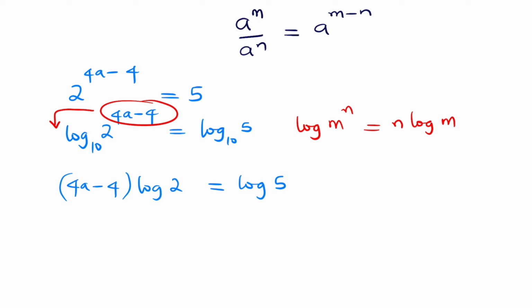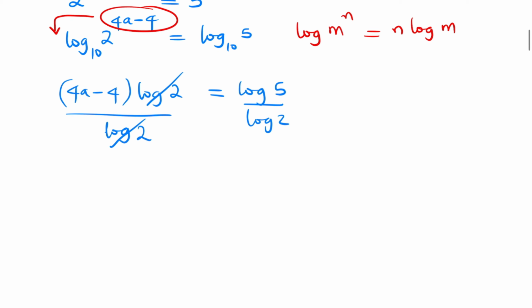You already know the next step here, which is to divide through by log 2, so that this takes care of this, and on the left hand side I'm left with 4a minus 4 is equal to log 5 divided by log 2.